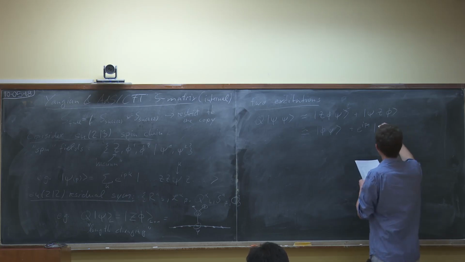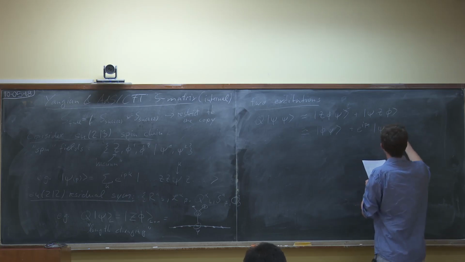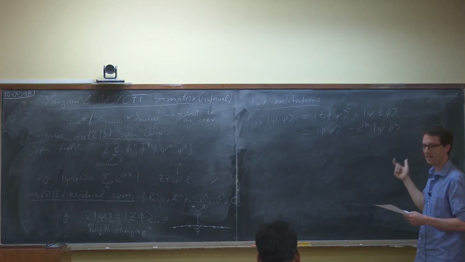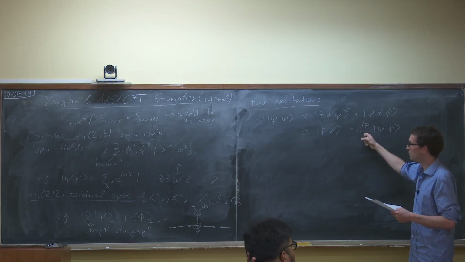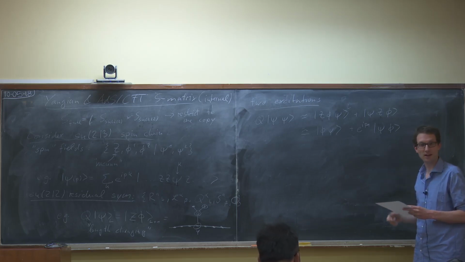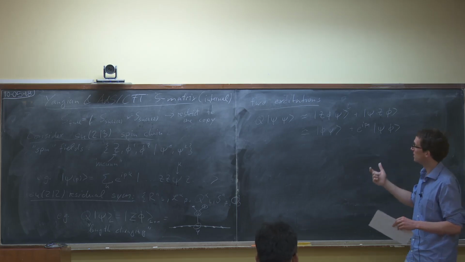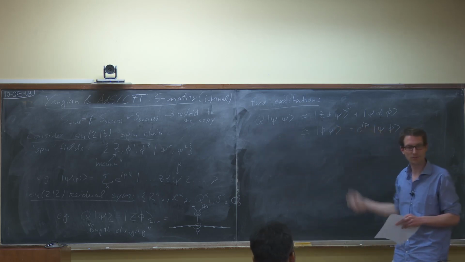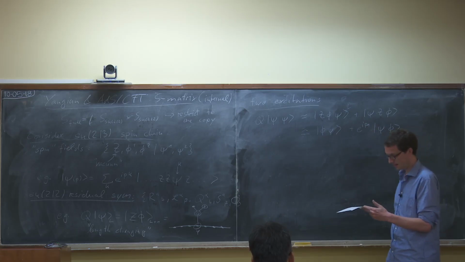Yeah, so I get e to the ip1 psi phi. So one sees that in the standard language of spin chains, this will give me extra factors. This is not just a standard action tensor product of a Lie generator, but it gives me these extra factors.